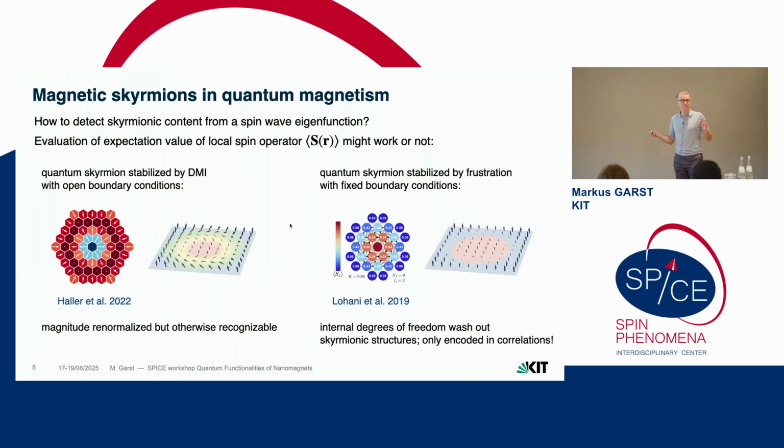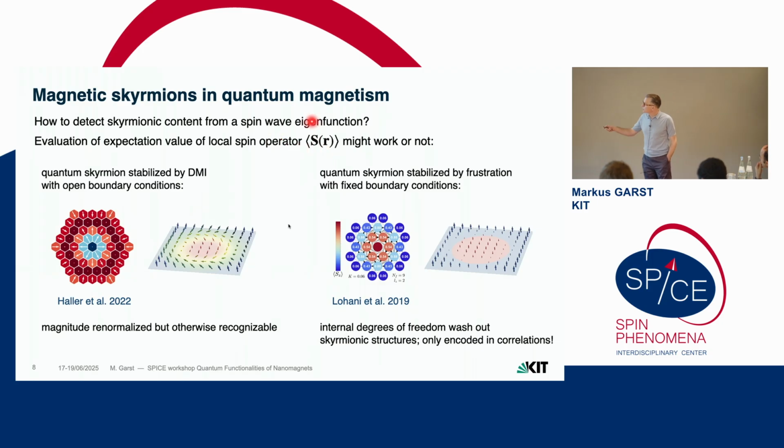You just take the ground state eigenfunction and calculate the expectation value of the spin operator, and these are 2 examples of what you might get. This is taken from the work of Haller, from the group of Thomas Schmidt in Luxembourg, that treated the problem with the density matrix renormalization group.